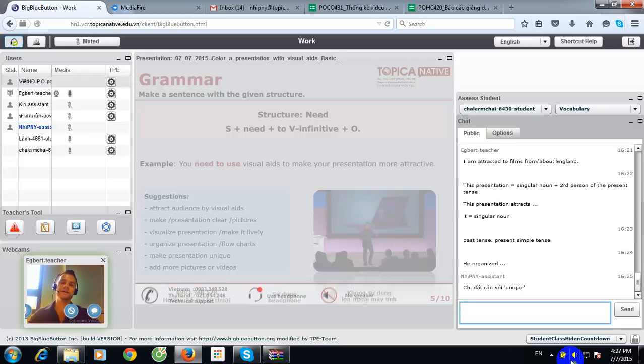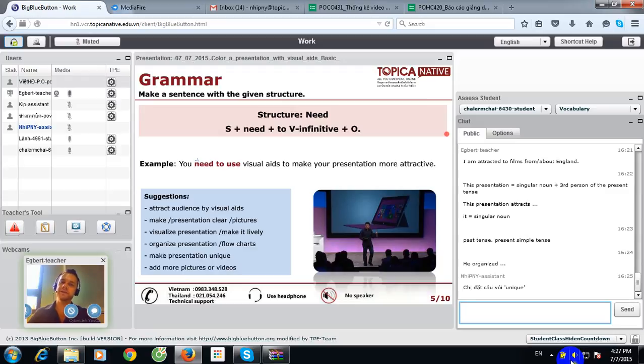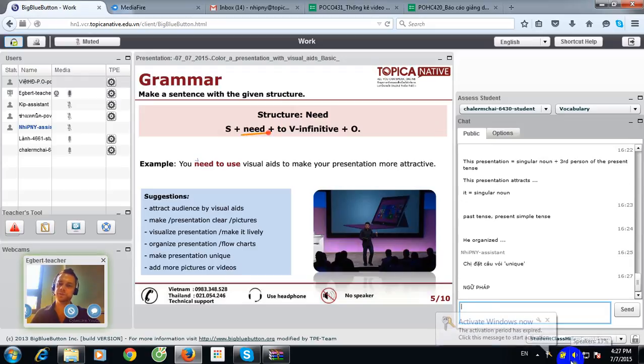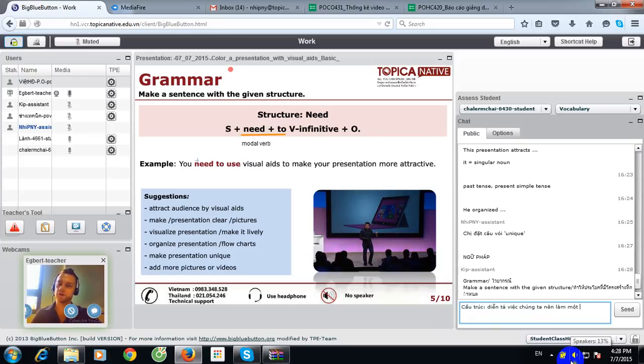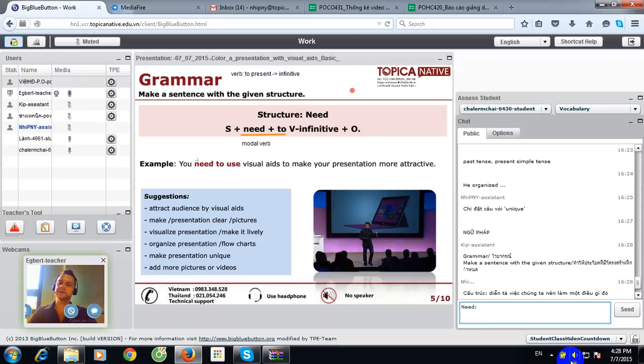All right, so let's continue to the grammar structure for today. And we're going to make a sentence using need to. Need to here is used as the modal verb. So we have a modal verb, and that always goes together with the verb in the infinitive form. So for example, we have the verb to present, and then the infinitive is the bare verb.